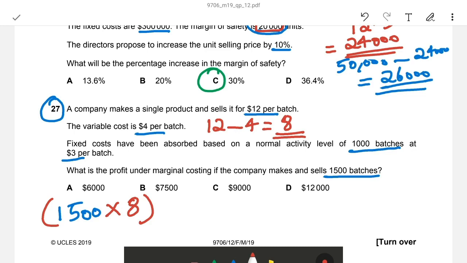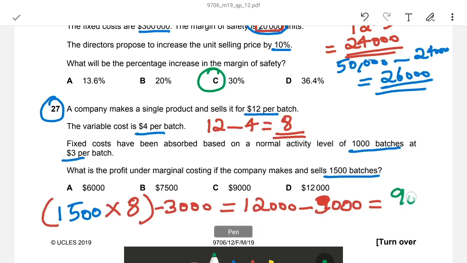The fixed cost is 1000 batches at 3 per batch. The actual units are 1500 but they are charging for 1000 batches, 3 per batch, so the fixed cost is 3,000. So 1500 into 8 is 12,000, minus 3,000, is equal to 9,000. So the correct answer is 9,000.